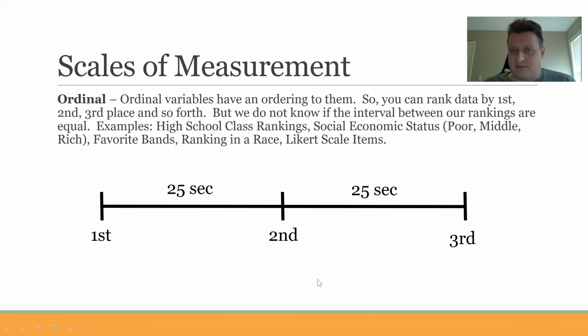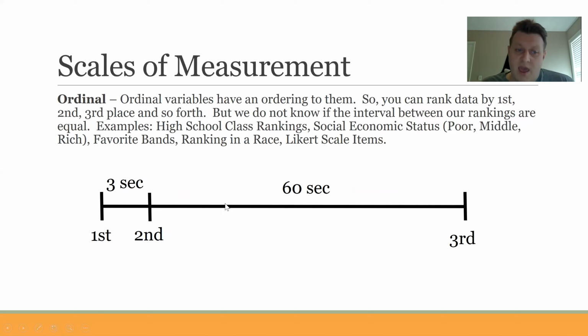That could be the case. It could not be the case. Right? We don't know if these intervals are consistent. It could be the case that it was a photo finish and the first and second place were very, very close to one another, but the third place person took quite a while to cross the finish line. We don't know just by the ordinal scale of measurement what the intervals are.